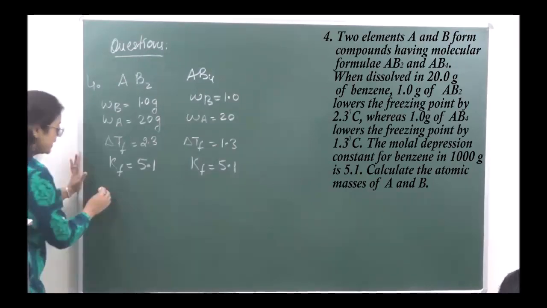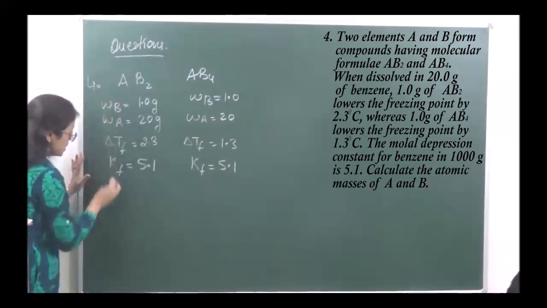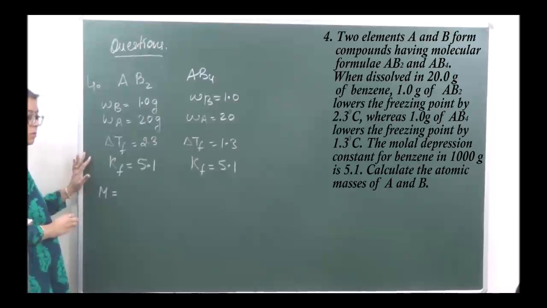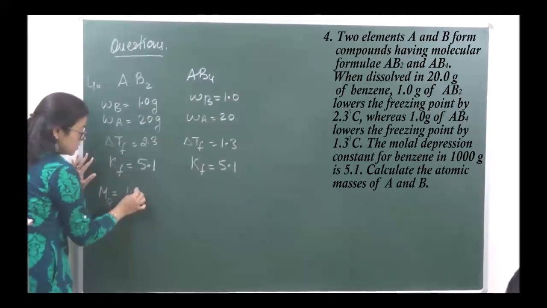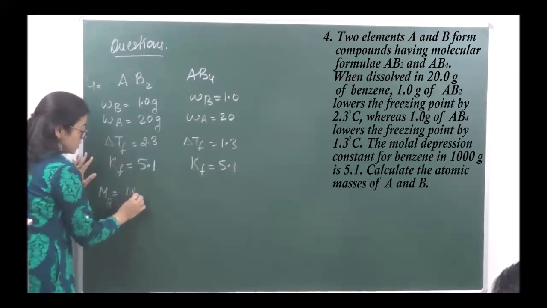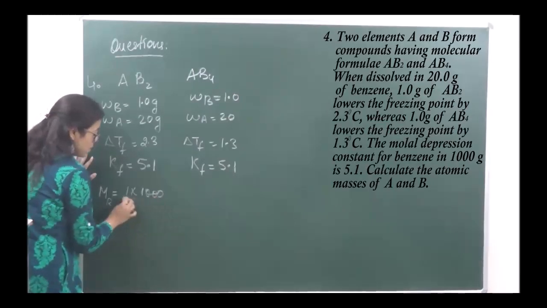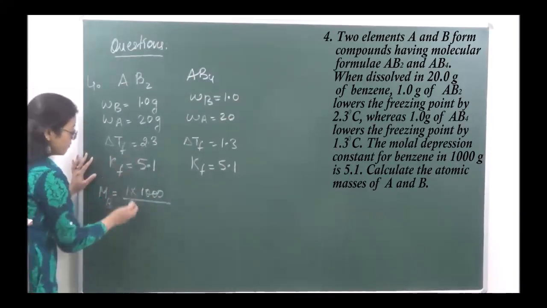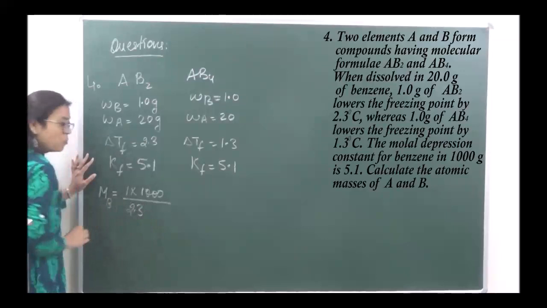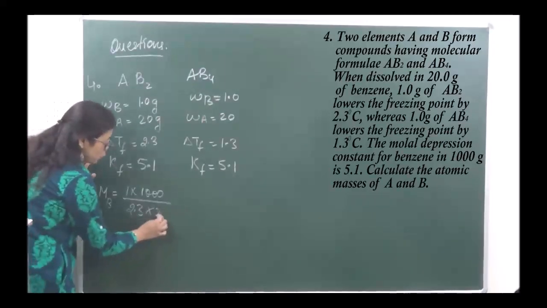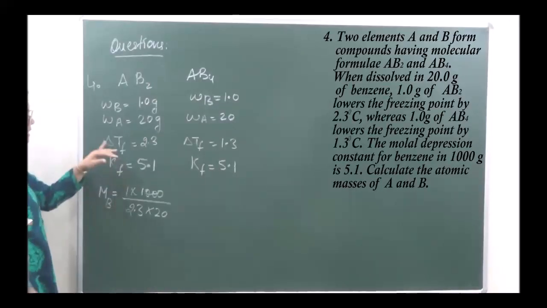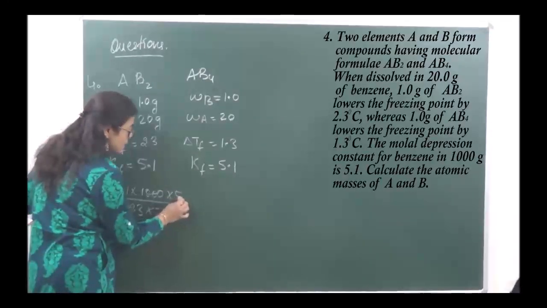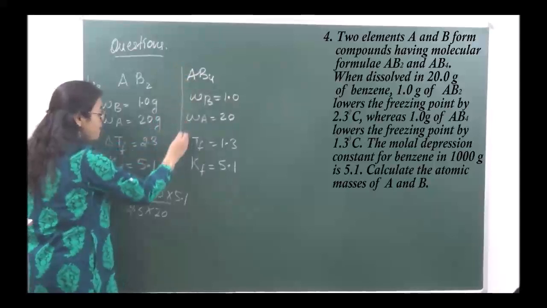When we are calculating the molar mass of AB2, the molecular mass is equal to WB, which is 1 into 1000 upon delta TF, which is given as 2.3, into 20, and KF given to us is 5.1.